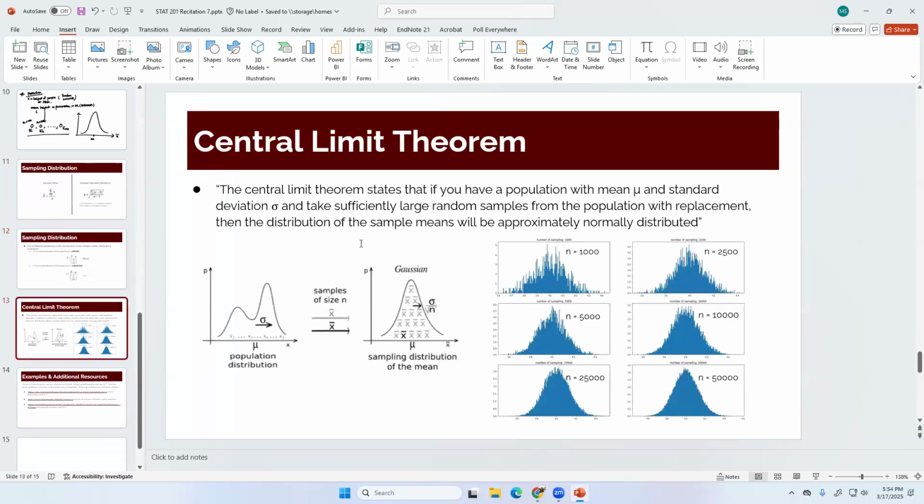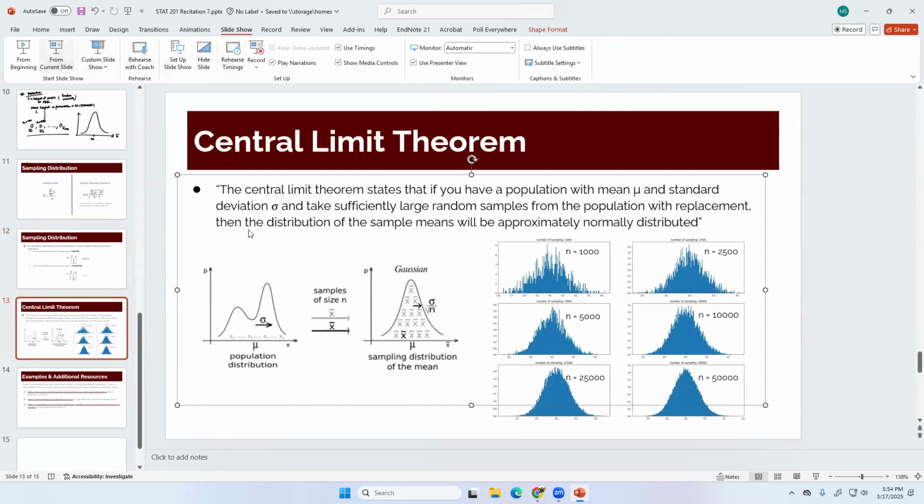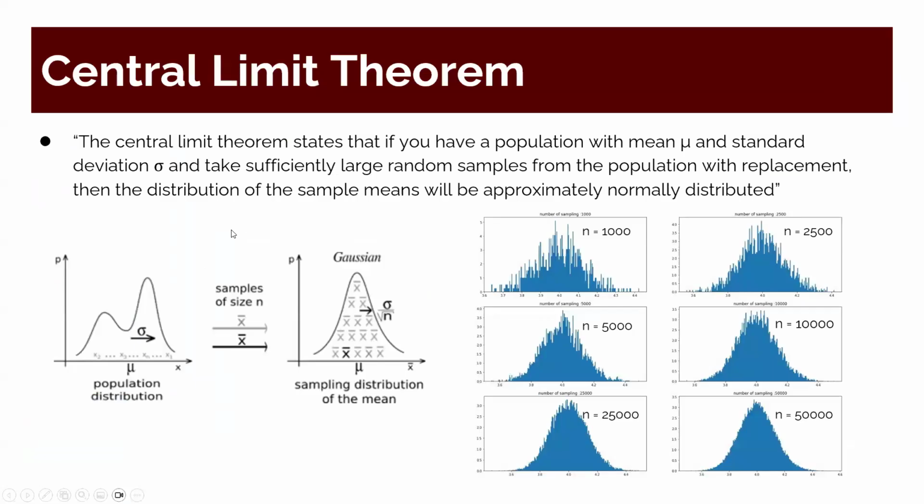Let's come to the central limit theorem. So this is what the central limit theorem says. Try to read this once and try to make sense of it. The central limit theorem states that if you have some population with some mean mu and some standard deviation sigma, you don't know what they are. But imagine the example I gave, where your population is College Station, your mean is the average height, and the standard deviation is the standard deviation of those heights.